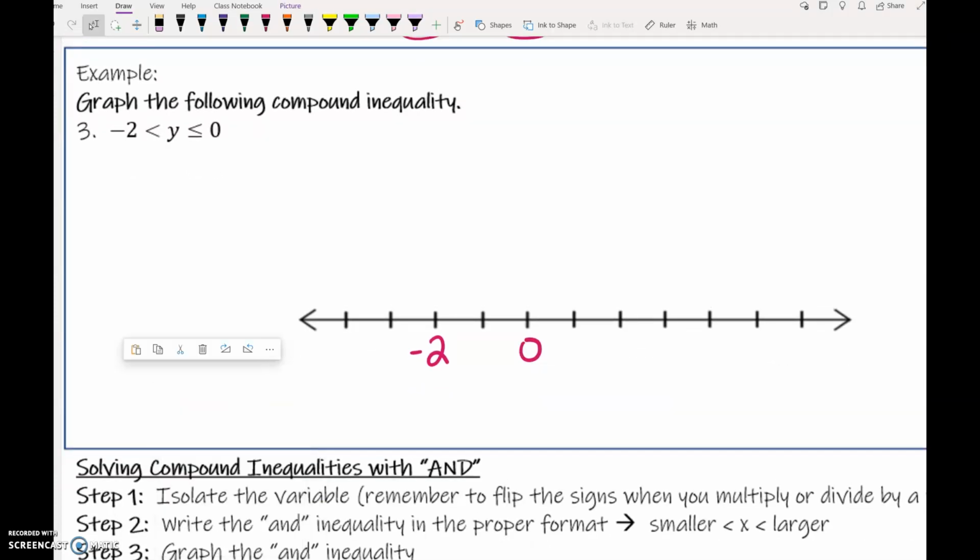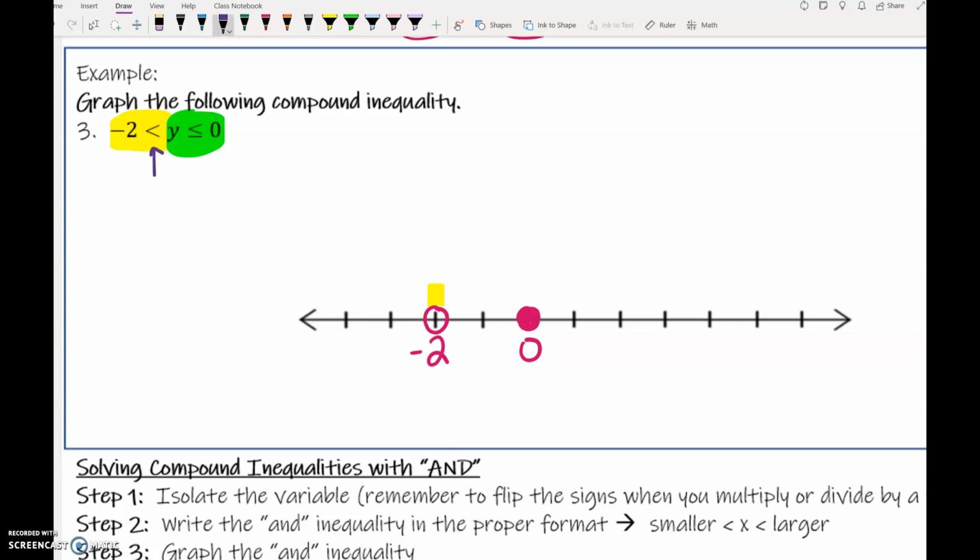In between the y and the -2, it's a less than symbol with no equals, so we're going to have an open circle at -2. In between the y and the 0, it's less than or equal to, so we are going to have a closed circle at 0.